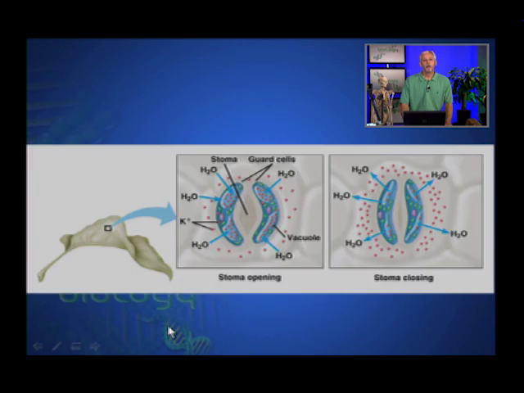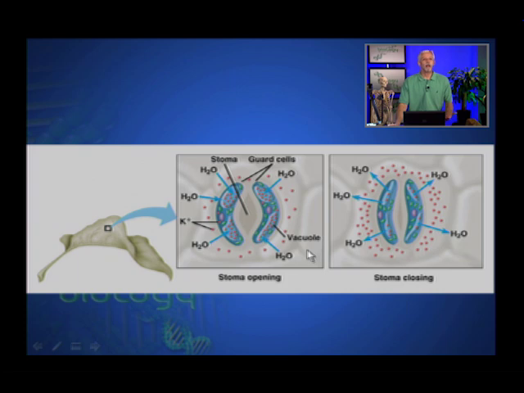Okay, another thing I want to go back to is CO2 getting into the plants. I mentioned last time that when the stomata, or the guard cells, are fully hydrated, that opens the stoma, allowing CO2 into the leaf. And when they're dehydrated, that closes the stomata, preventing CO2 from getting into the leaf.